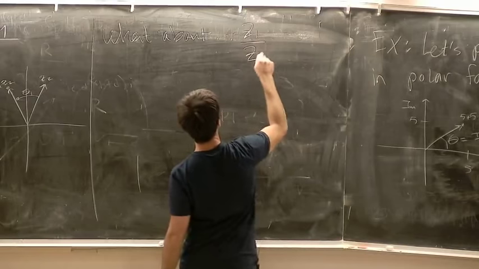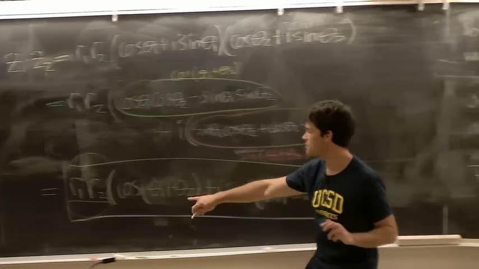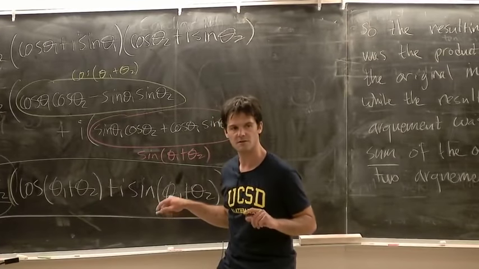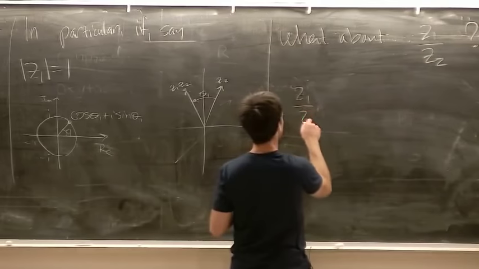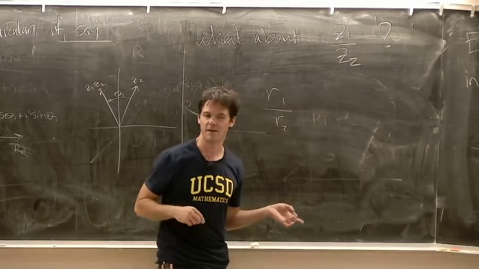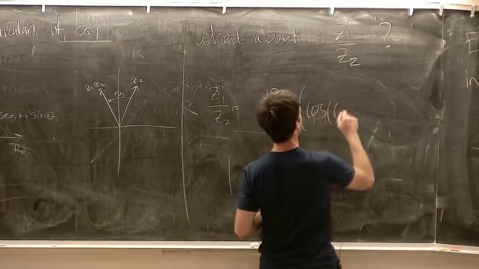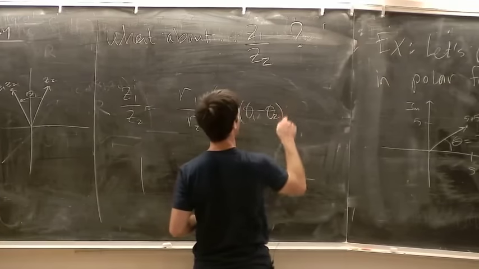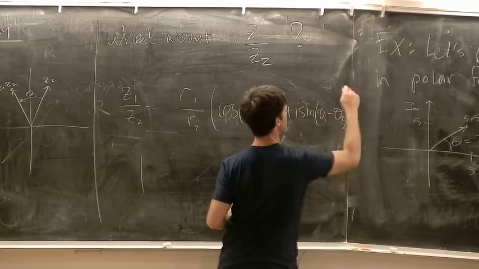So z1 divided by z2, you might guess that if multiplying them would multiply the magnitudes and add the angles, dividing them should divide the magnitudes, and what about the angles? Subtract the angles, yeah. So that'll be cos of theta 1 minus theta 2 plus i sine of theta 1 minus theta 2.